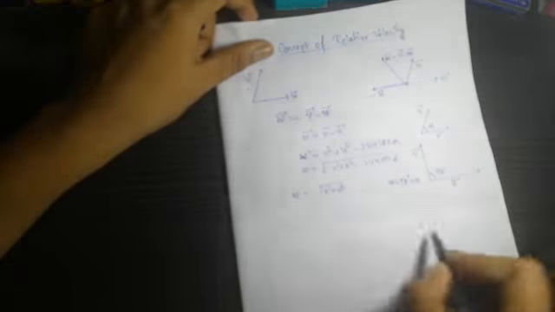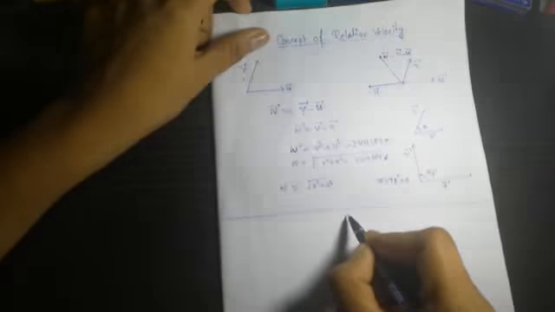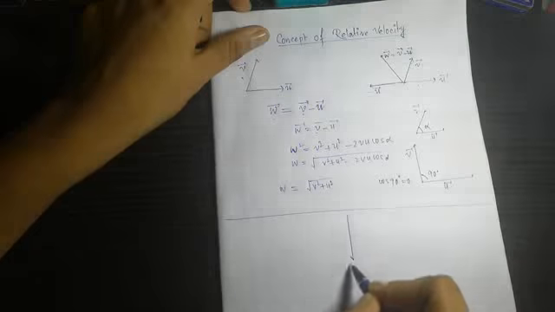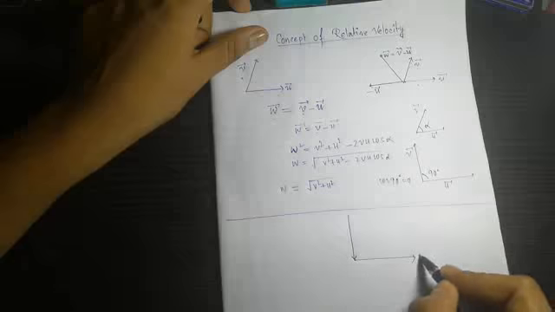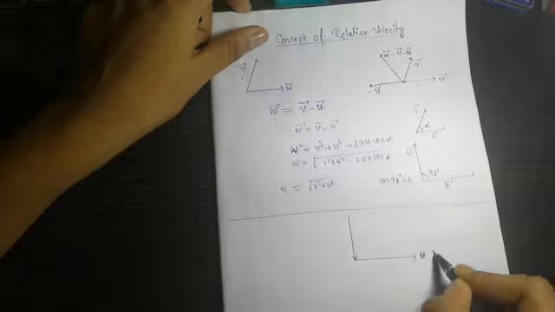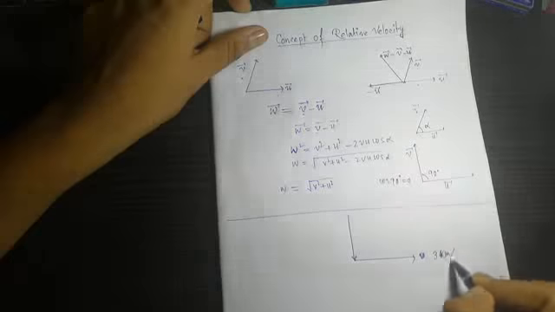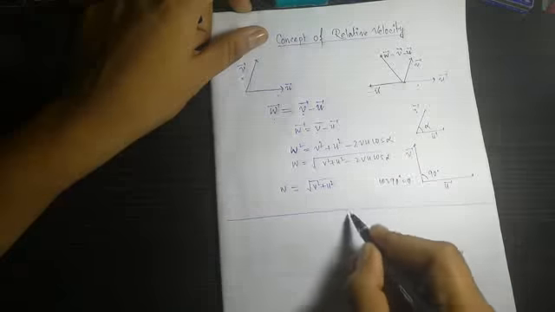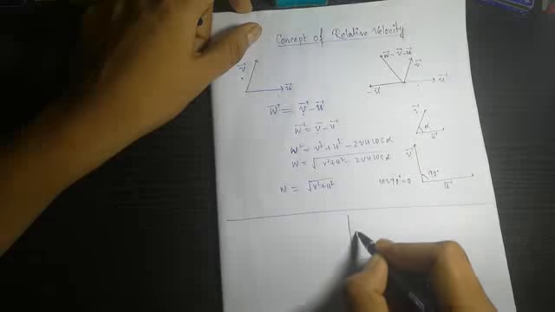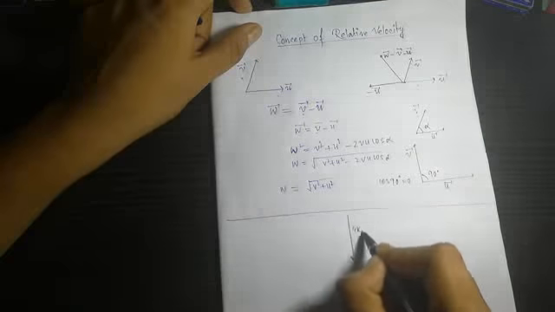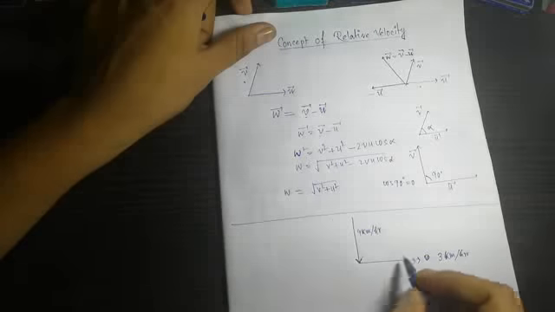In 11th standard physics you are asked this: it is raining vertically downward and a cyclist is moving in this direction with a velocity of, say, 3 km per hour, and the rain is falling downward with 4 km per hour. This is just a numerical value.